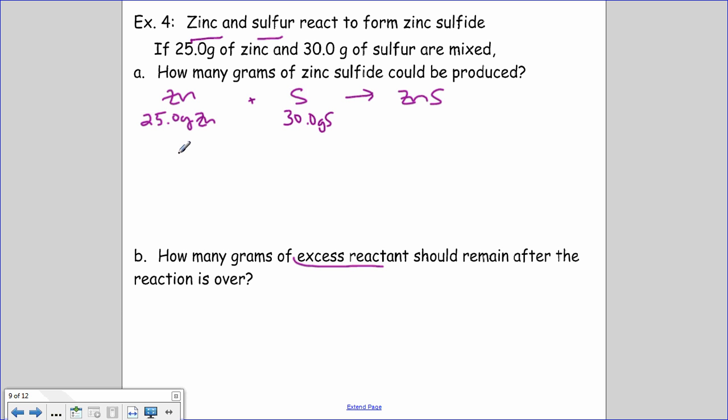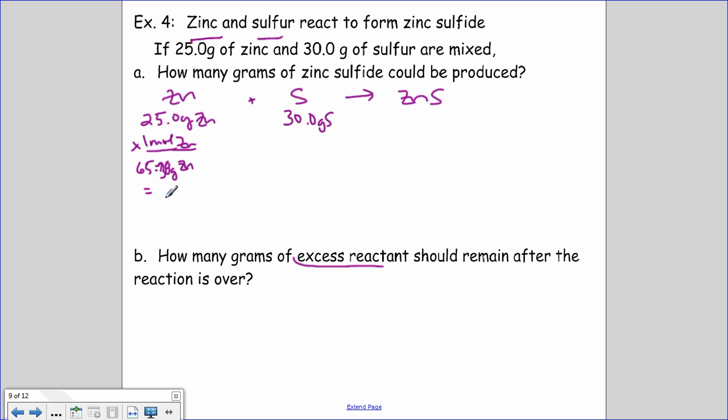Grams is useless for us because we actually can't go straight to grams of zinc sulfide. We need to go through moles first. So I'm going to convert both of these to their individual moles. So 1 mole of zinc weighs 65.38 grams.